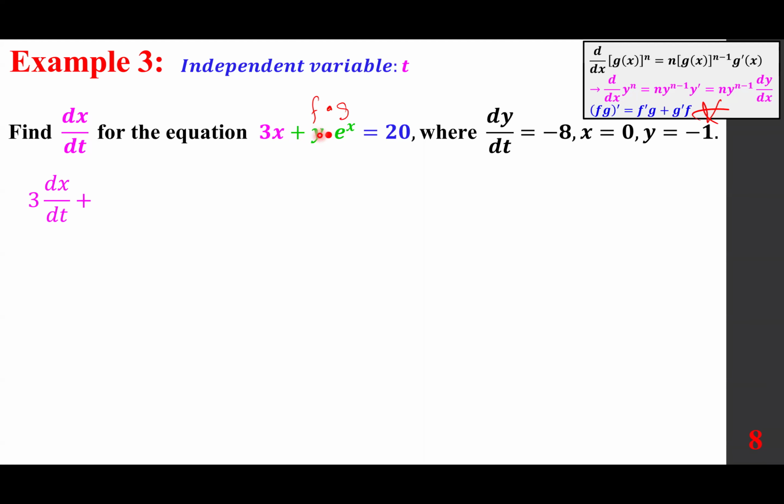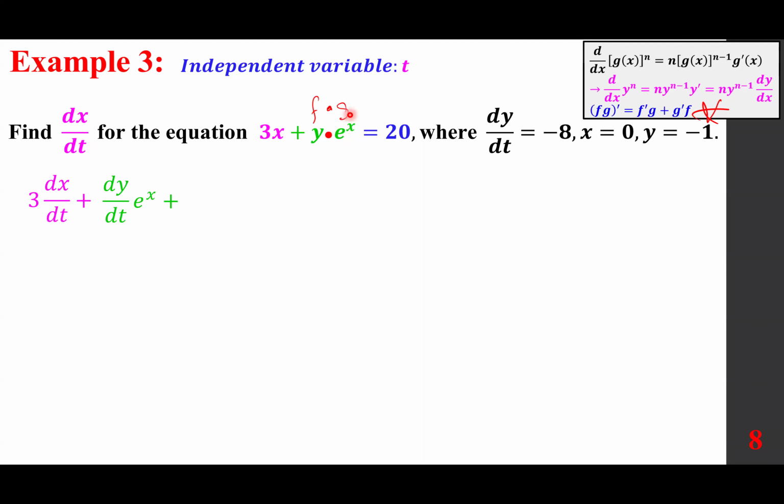So f prime is dy/dt. Remember, t is the independent variable. dy/dt times e to the power of x. Now, what is the derivative of e to the power of x? It would be just e to the power of x if the independent variable was x, but the independent variable is t.